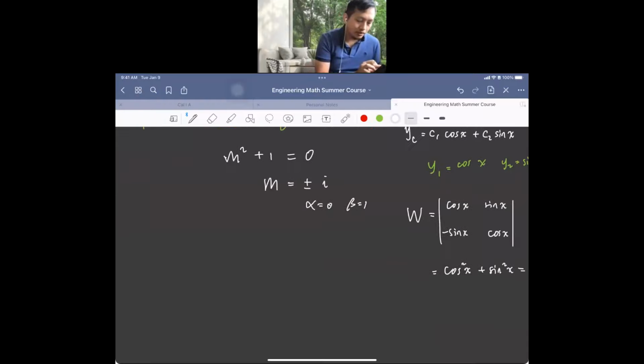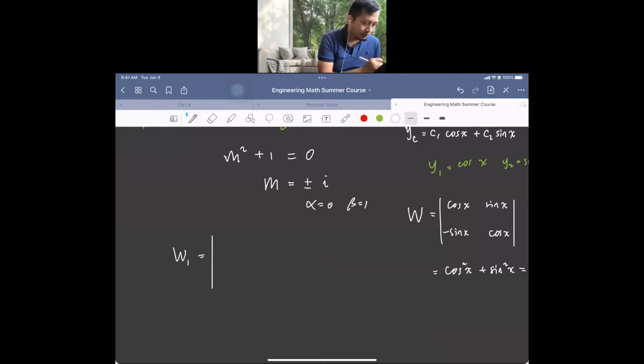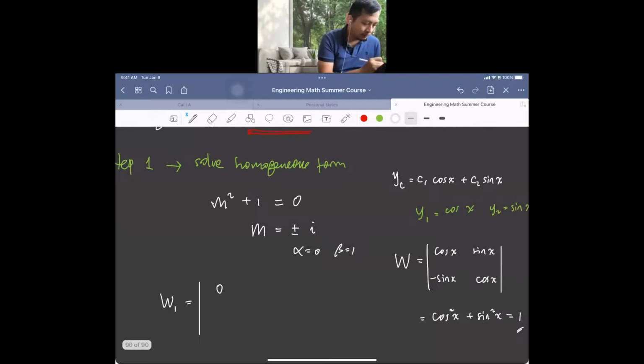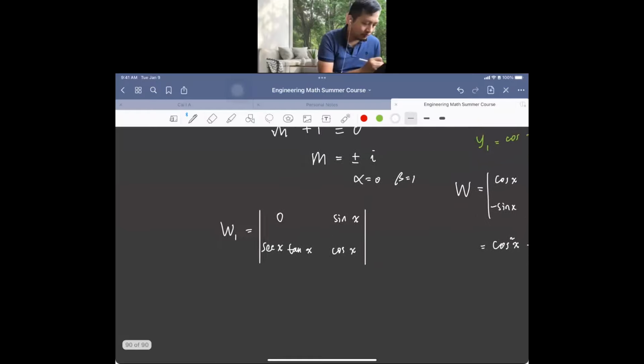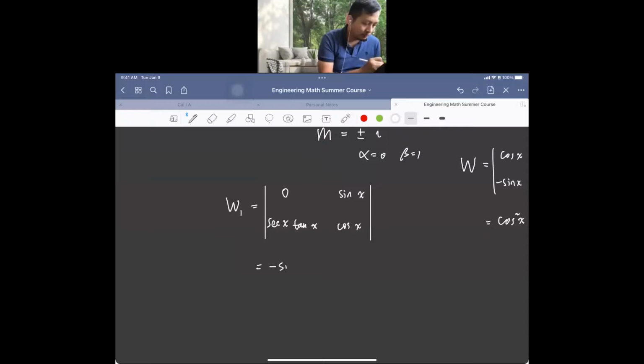So for W1 we can set up, let me write here, this becomes 0 and f of x is secant x tangent x, right? So we only have negative sine x multiplied with secant x tangent x. Or since secant is 1 over cos, it will be minus tangent squared.